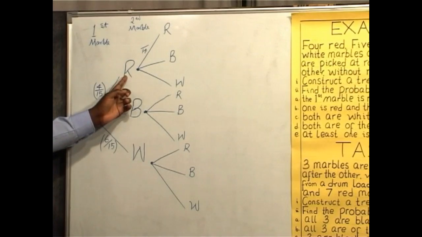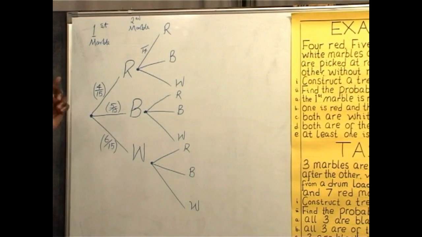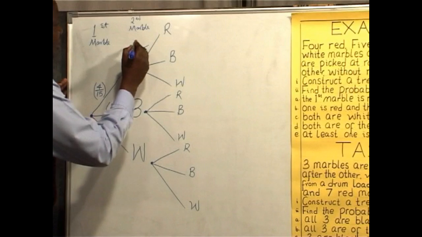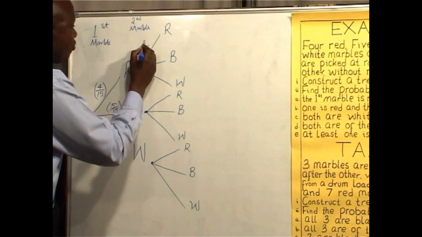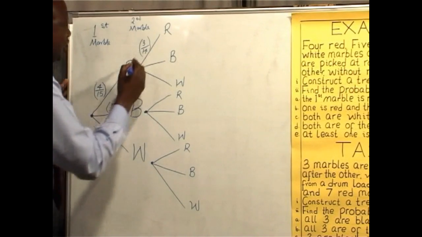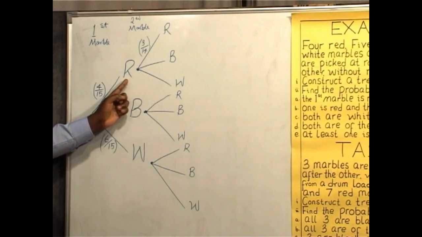We look back. Which one was the first marble picked? It was red. Initially, the red ones are 4, meaning when one is removed, they will remain to be 3. So the numerator there is going to be 3. So the probability of picking a red marble after a red marble has been picked is going to be 3 over 14.